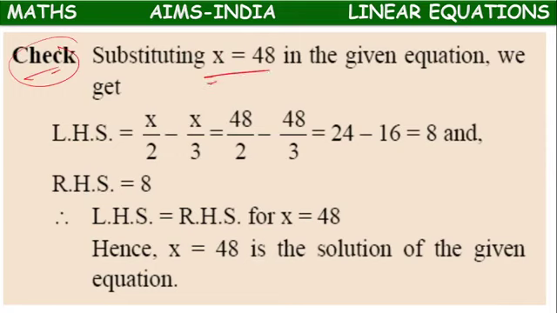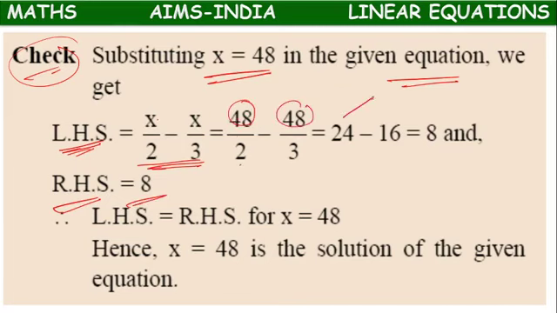Substituting x equal to 48 in the given equation. What do we mean by LHS and RHS? LHS is x by 2 minus x by 3. RHS is 8. In LHS we keep x value 48. 48 by 2 is 24. 48 by 3 is 16. 24 minus 16 is 8.